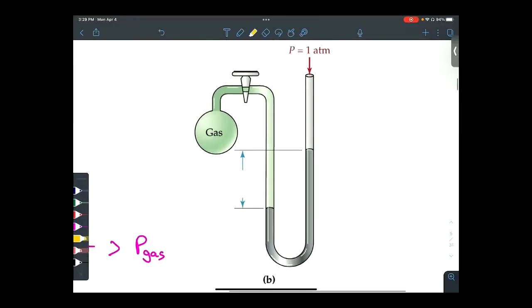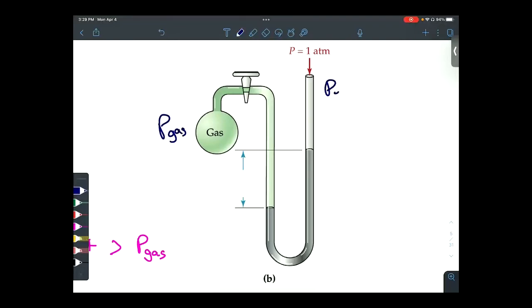Same idea: in which picture, P gas or P external, which one is winning? The gas, yes. In this example, the gas is exerting a larger pressure than the external. It's winning. So there's the gas, and there's the external.